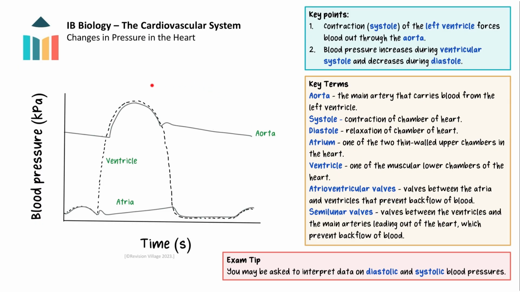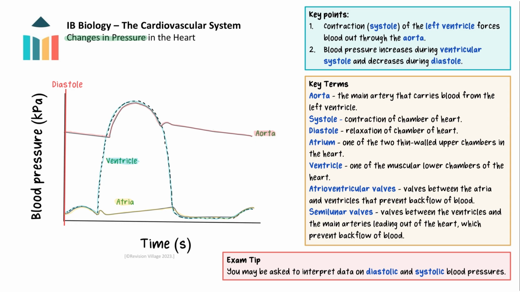If we look at this graph showing various pressure changes, we can see here that this is diastole when pressure is low. Then here the atrium is contracting. Then the atrioventricular valve shuts here as the ventricles contract. The contraction of the ventricles causes a huge increase in blood pressure as shown here, and the semilunar valves are open, allowing blood into the aorta, and so the aortic blood pressure increases.